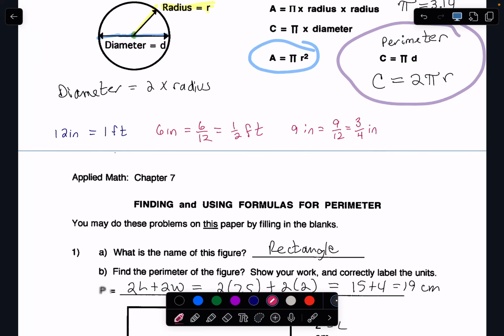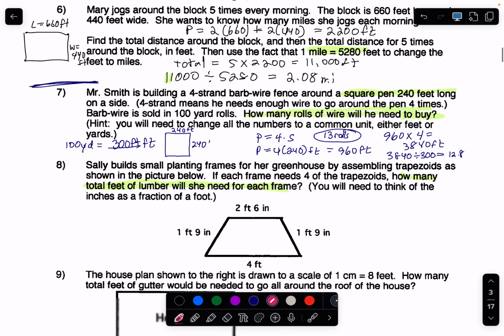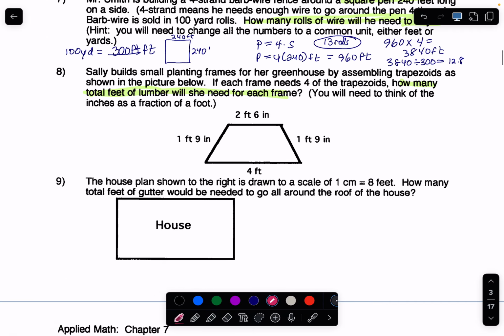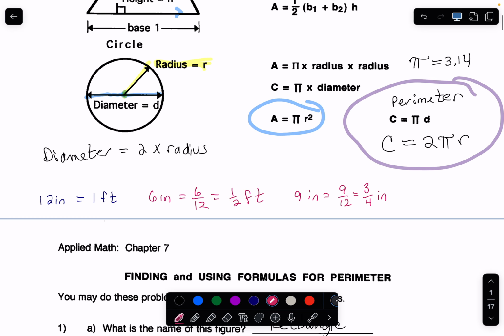Let me see if they use any other ones. 6 and 9. Well, let's just add one more while we're at it. Let's do 3. I've seen 3 or 4. For now, we'll just keep it fourths. 3 inches is 3 out of 12, or 1/4 of a foot. And this is a foot, 3/4 of a foot.